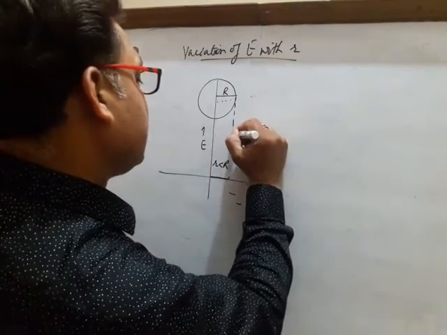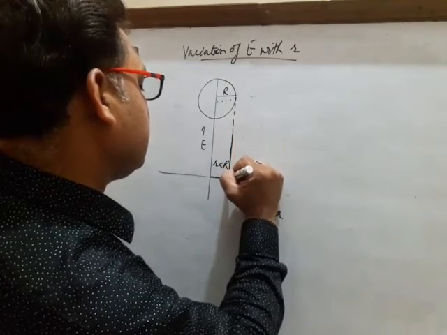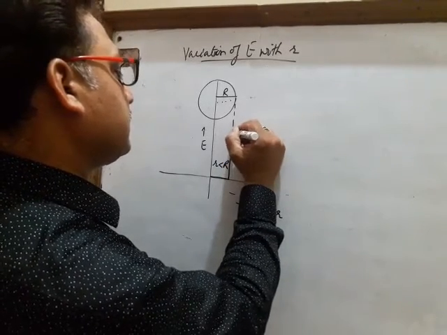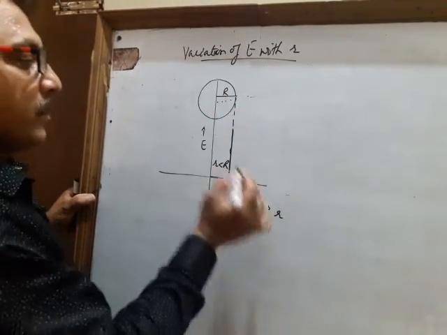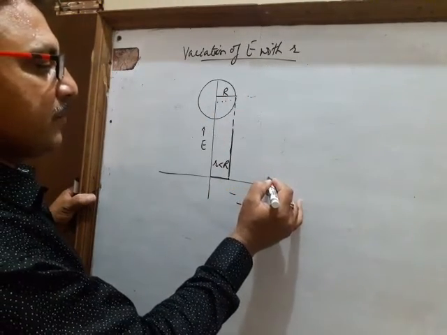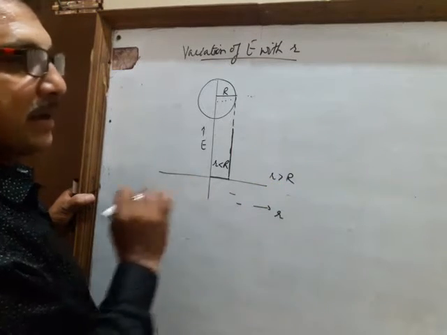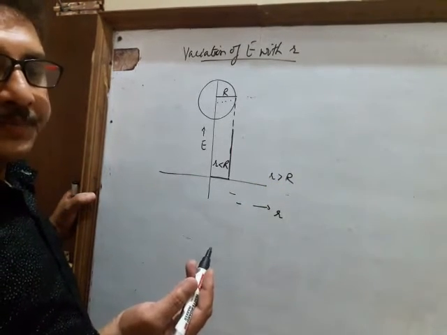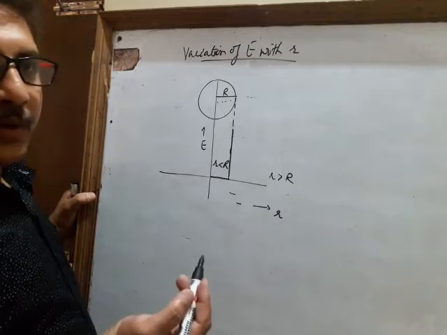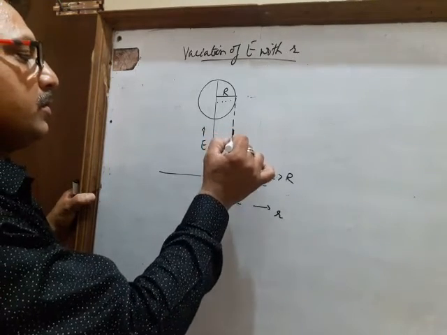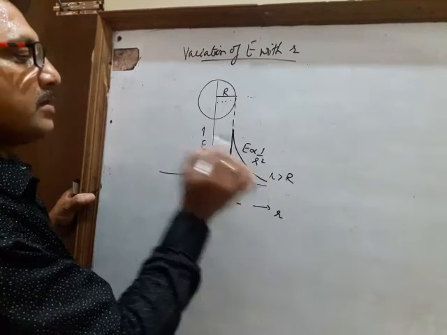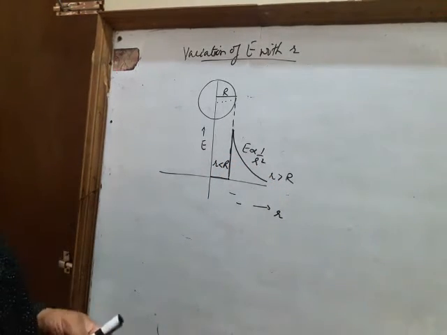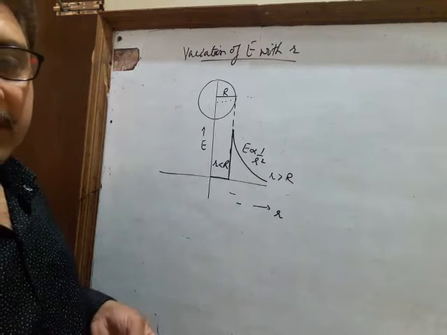So that you draw like this. And for the point outside, r greater than capital R, E varies with 1 upon r square. So you draw like this. So this is the graph for variation of E with r.